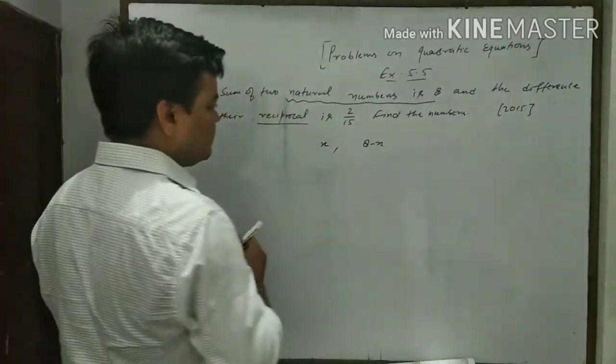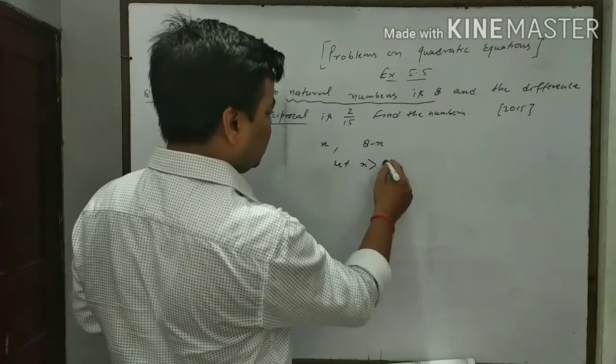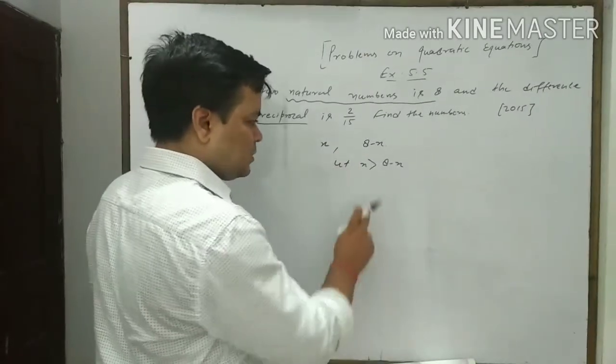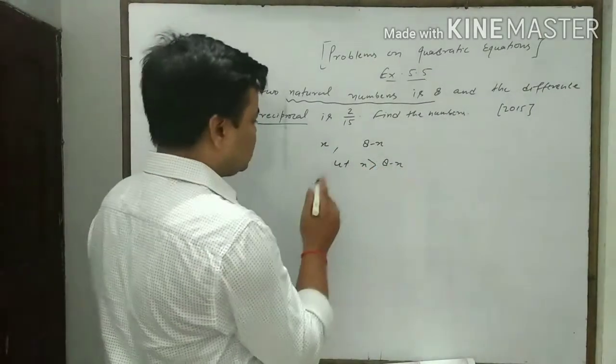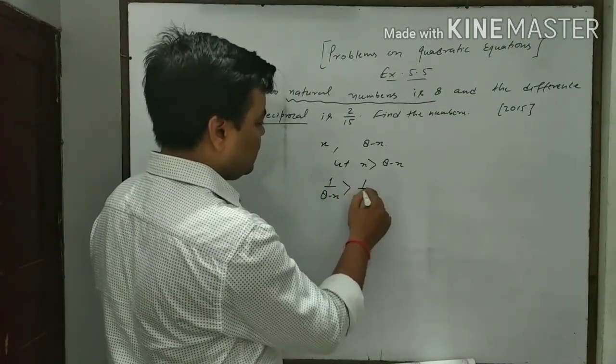And again, let the value of x be greater than 8 minus x. You know that if x is greater than 8 minus x, in this situation 1 upon 8 minus x will be greater than 1 by x.